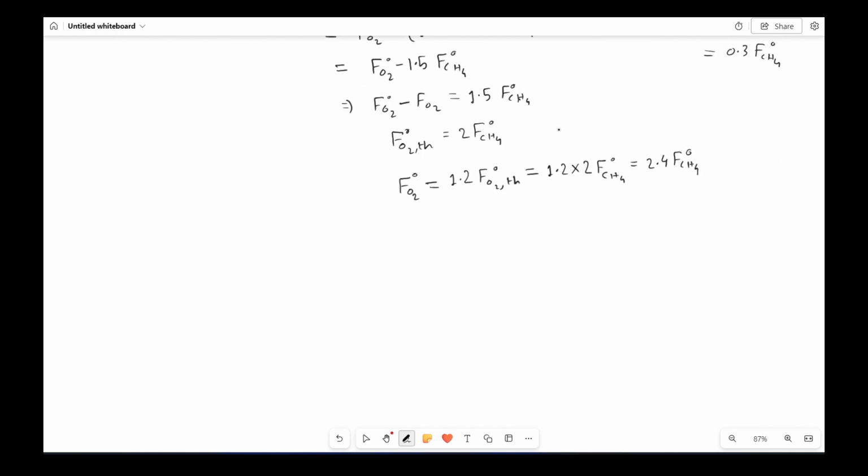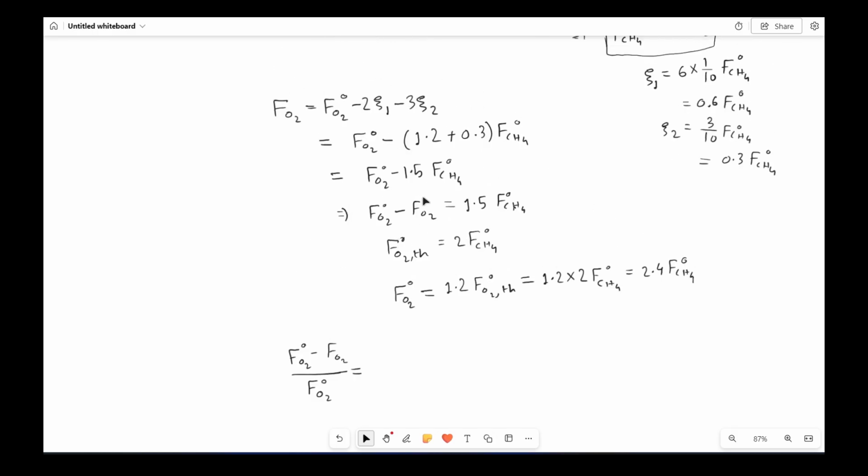FO2 naught minus FO2 divided by FO2 naught is equal to, now FO2 naught minus FO2 we got as 1.5 FCH4 naught, divided by FO2 naught supplied, which is 2.4 FCH4 naught.